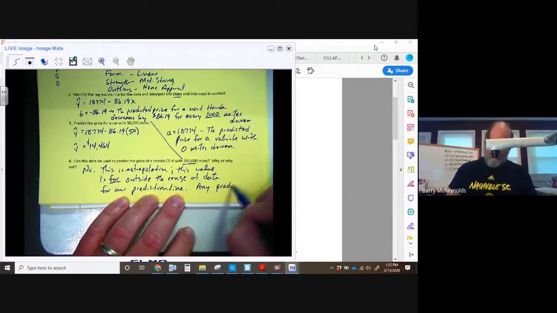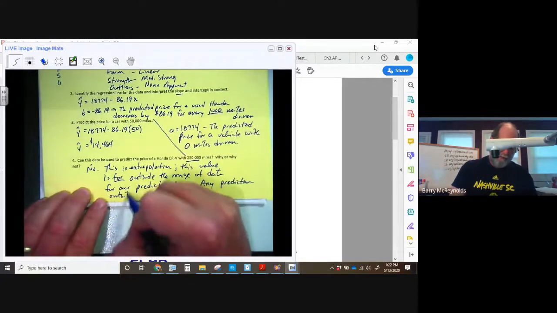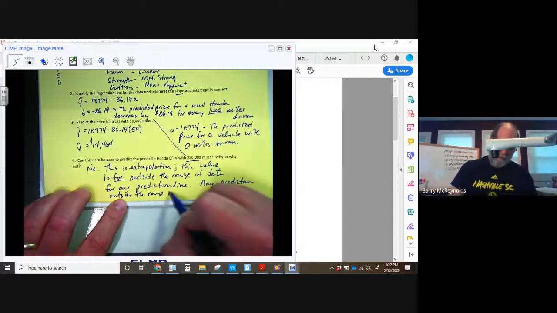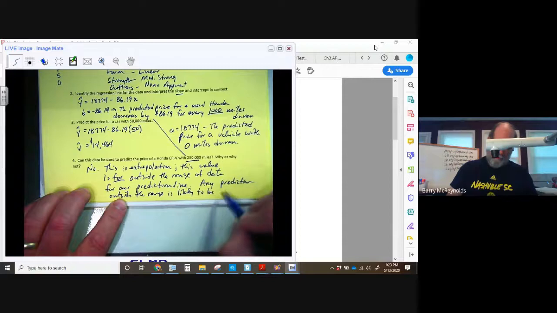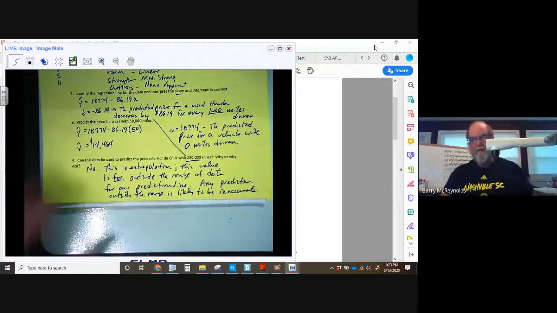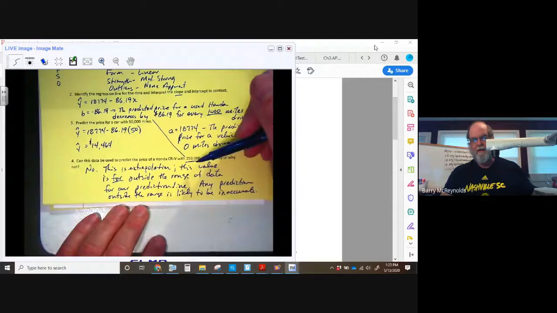Any prediction outside the range is likely to be inaccurate. Okay, so that's what extrapolation is all about. It's plugging in a value well outside our useful range, and the results we get are inaccurate.